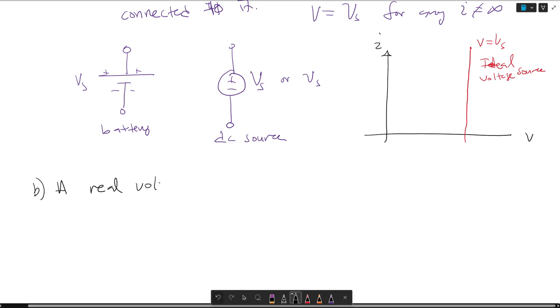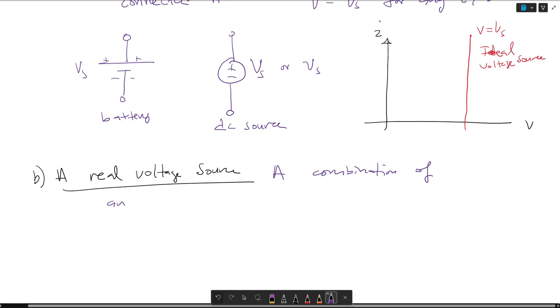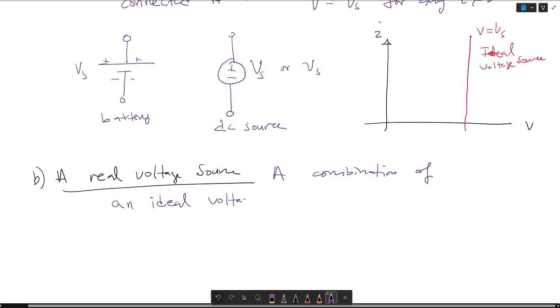A real voltage source is a combination of an ideal voltage source in series with an equivalent resistance, Rs.